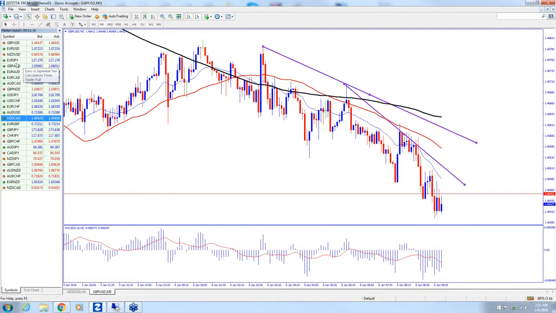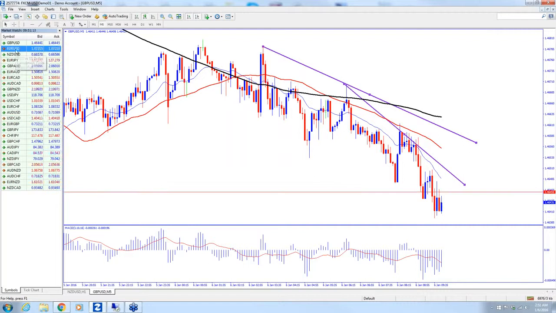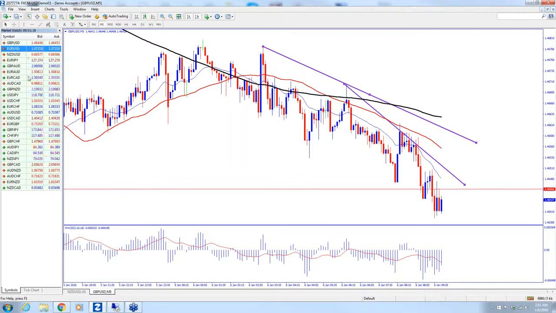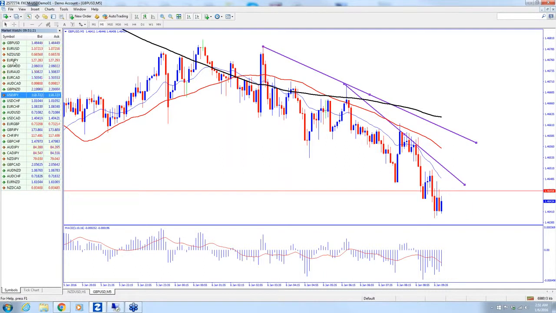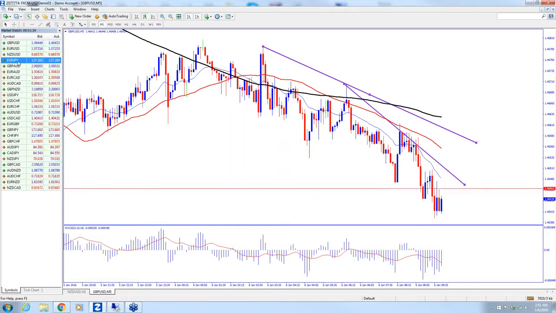Now, where you have what's called a cross, essentially you're taking the EUR USD and the USD JPY. There's a mathematical calculation. You put them together and you come up with the EUR JPY. That's called a cross. So essentially you're crossing the EUR USD with the USD JPY.